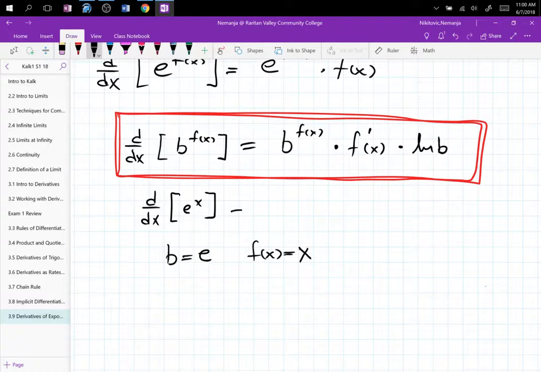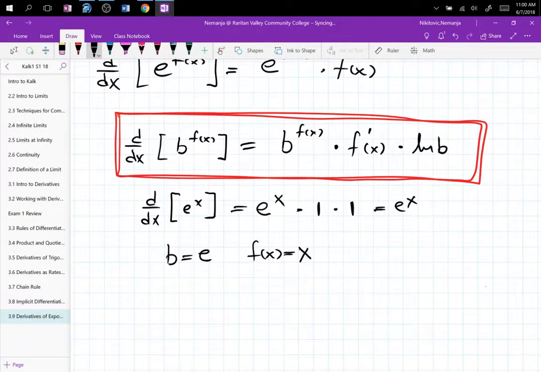So now, with the knowledge of these things, we just compile the other side. So b is e, f of x is x, times the derivative of f of x, which is 1, and ln of b would be ln of e, which is 1, and we just get e to the x. Yay, right? So it works. The formula does work. So this is the most general case.